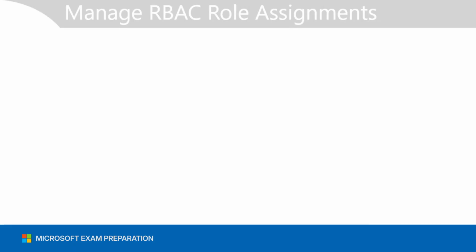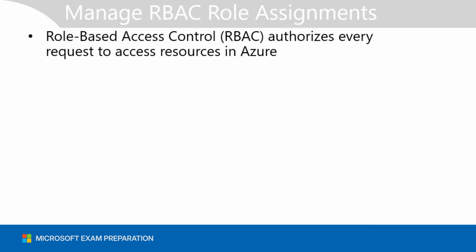We talked in the last lesson about how to create users and groups in Azure AD, and now we want to finish the discussion about how to assign users or groups permissions to access resources. This is done in Azure through what is known as role-based access control, or RBAC.